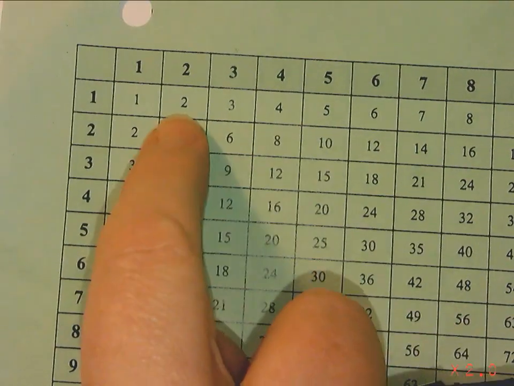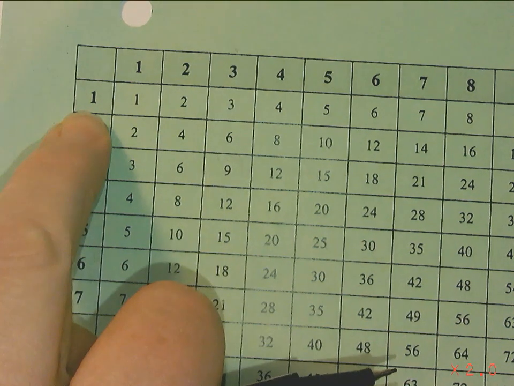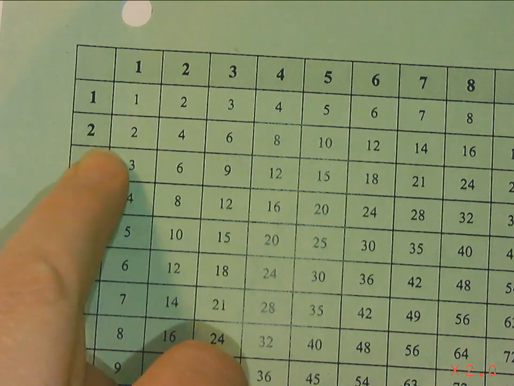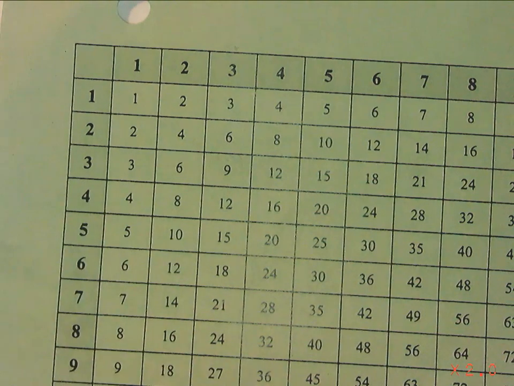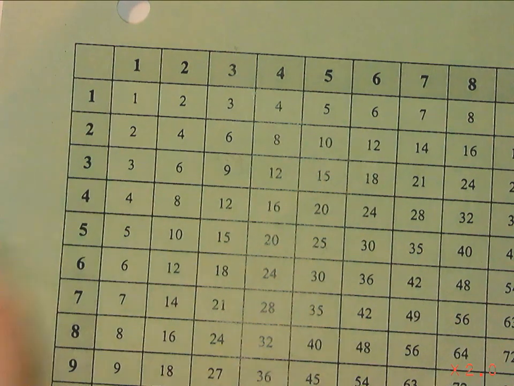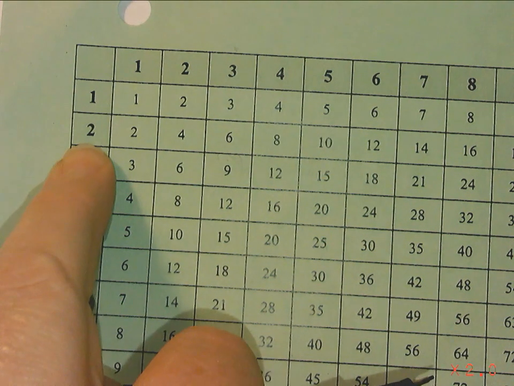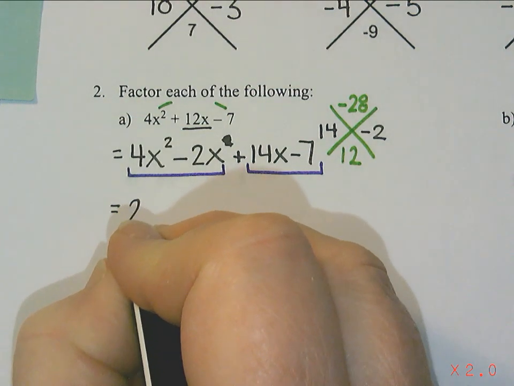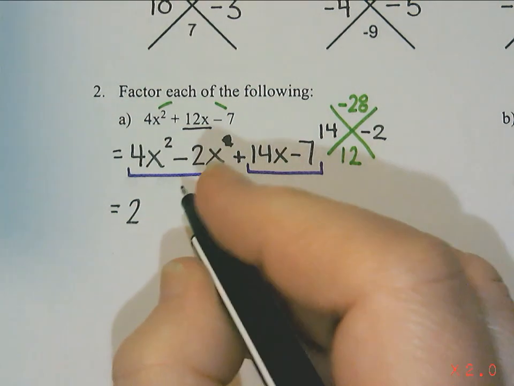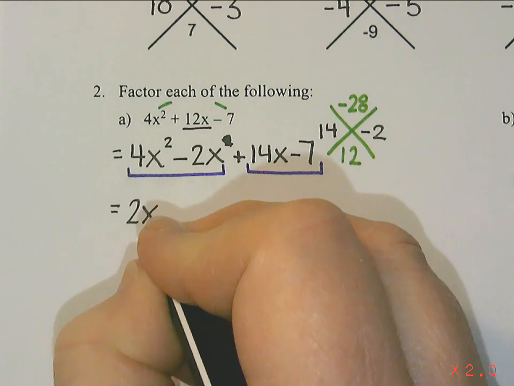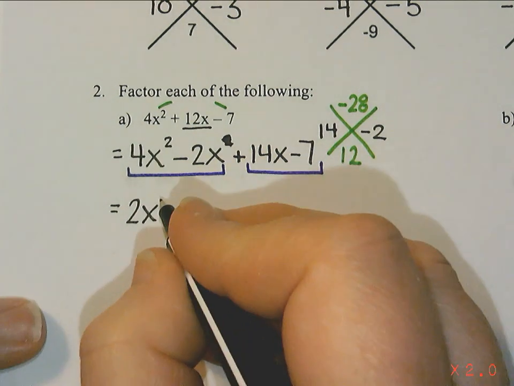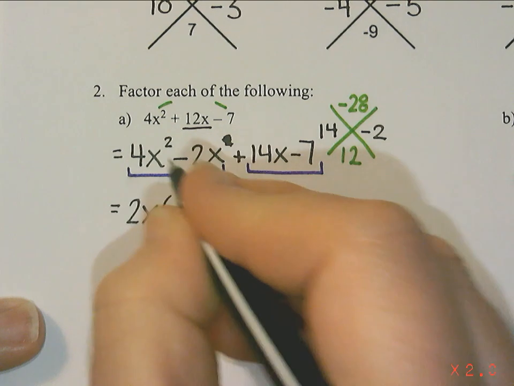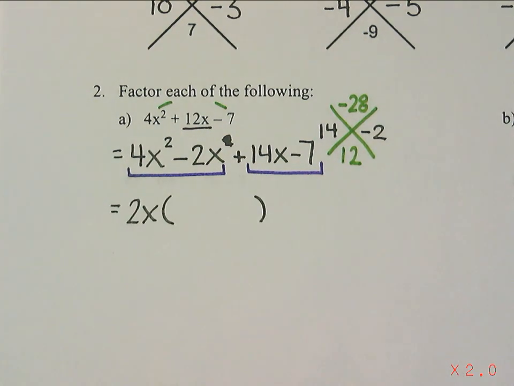I see that 4 and 2 both divide by 1. They also both divide by 2, and then I don't see them both show up again after that. So I'm going to say their greatest factor here is 2. And they do also both have an x, so I can factor out an x. We're trying to make a multiplication question here that gives me 4x squared minus 2x as my answer.